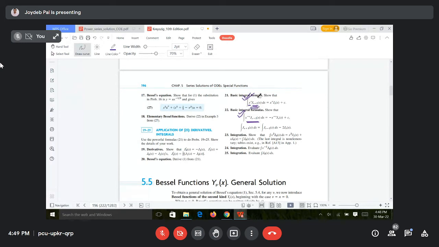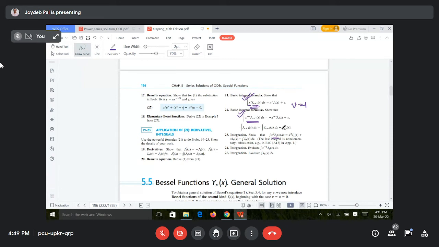If you take nu equal to 2, it will be x squared J1, but in the problem it is not x squared J1, it is x squared J naught. If you take nu 1, it will be x J naught, not exactly x squared J naught. So that is why I am splitting it into x J naught.